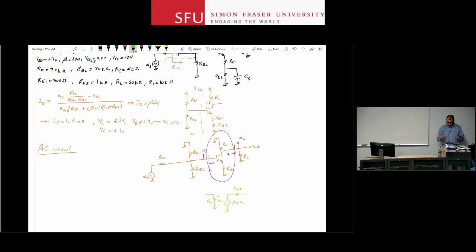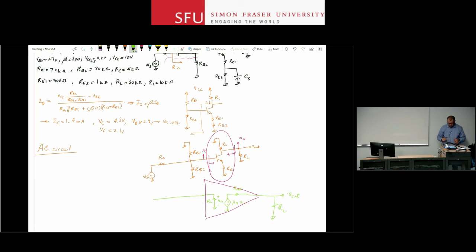Okay? This is the amplifier. I put it inside the box here. Now, this amplifier is connected to a load resistor at the output. And this is the V out that I'm seeing from the circuit side.